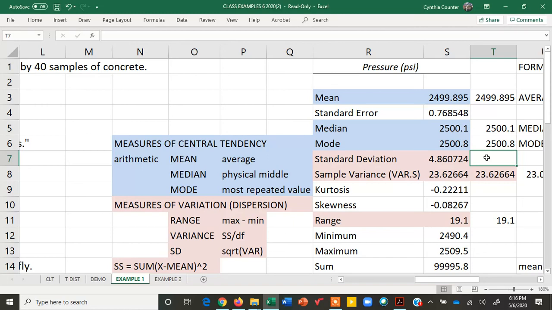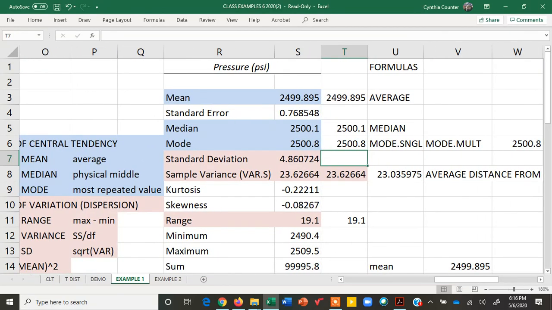I'm going to be doing several computations here. First I show you the standard deviation. Again, you see a STDEV.P and STDEV.S. So A1 colon A41, sample standard deviation, boom, same value.